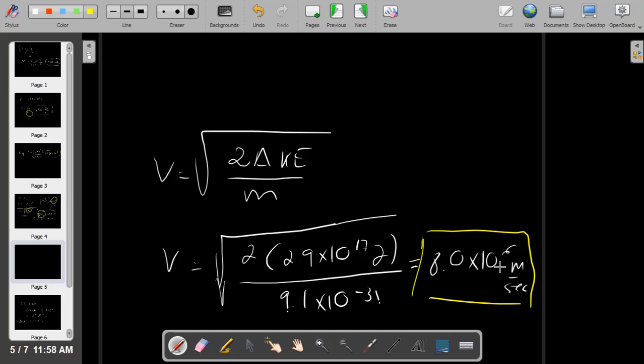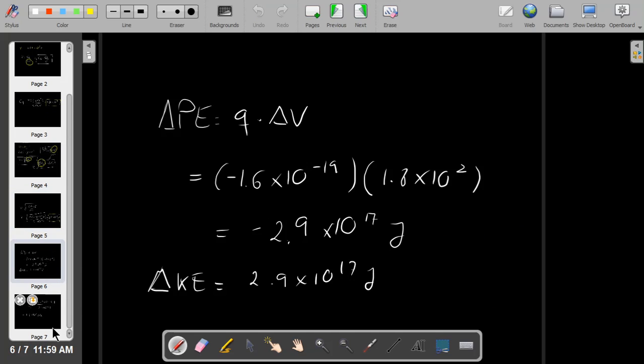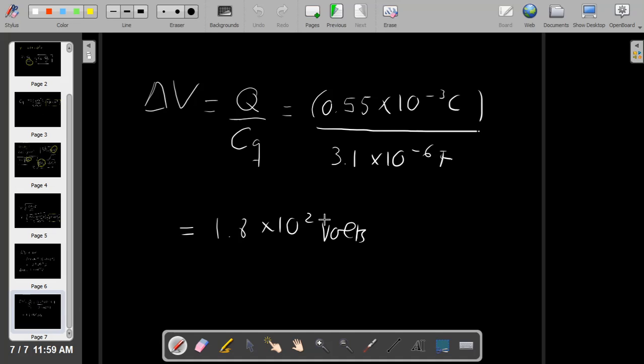I forgot to tell you before that the change in electrical potential, sometimes it's a mouthful to say that. But let me see, where did I calculate this? It was this one? No, it was this one. This one right here remained positive.